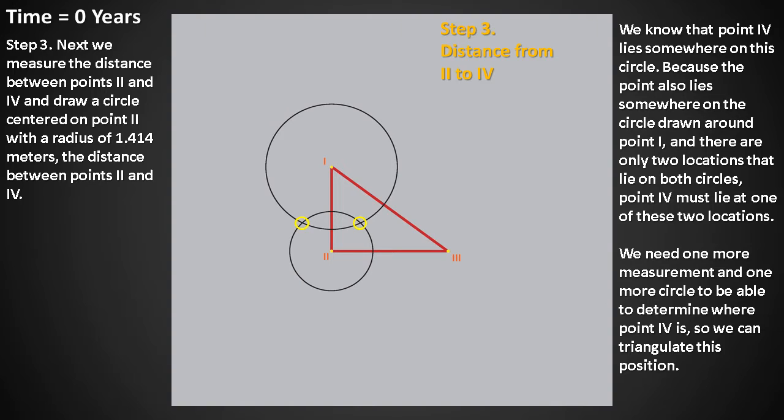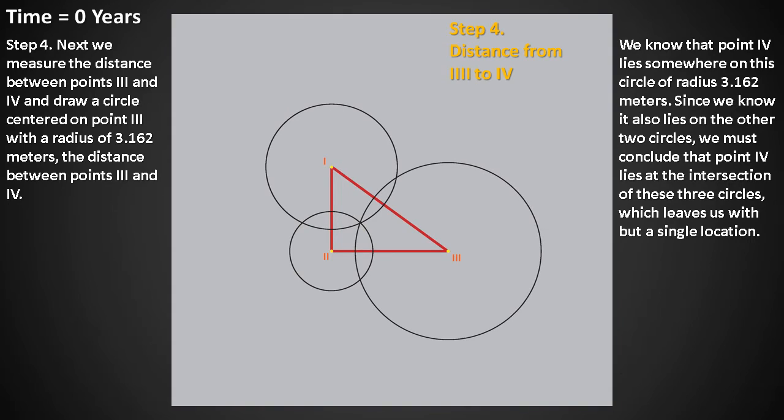We need one more measurement and one more circle to be able to determine where point 4 is so that we can triangulate this position. Step 4. Next, we measure the distance between points 3 and 4 and draw a circle centered around 3 with a radius of 3.162 meters, the distance between points 3 and 4.